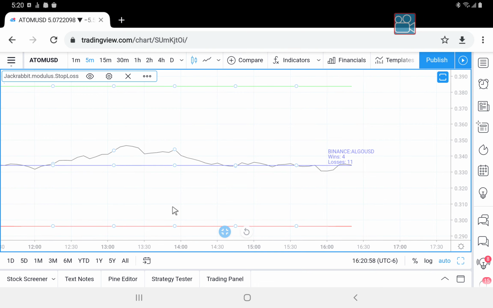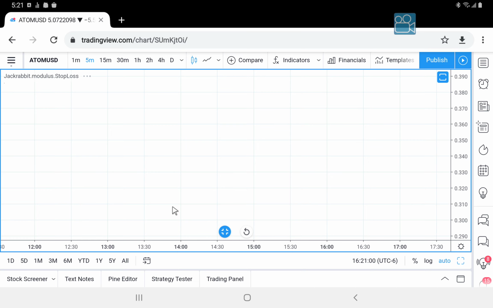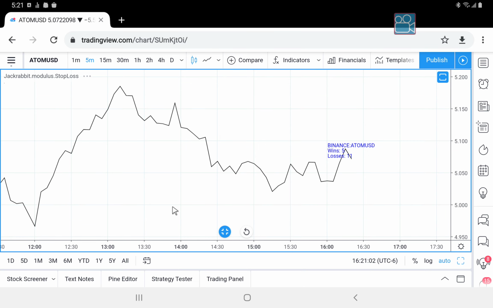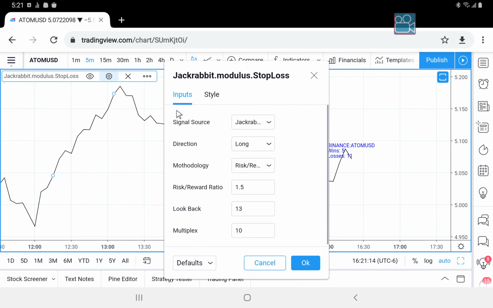Let's go to the next one. So as you can see, when you're looking at these coins, quite easy to see just how well this can work. But remember, this is a strategic process.